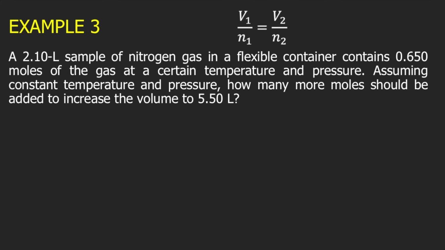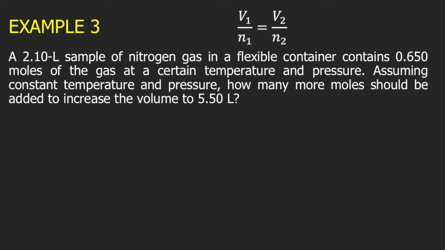So for our last example, a 2.10 liter sample of nitrogen gas in a flexible container contains 0.650 moles of the gas at a certain temperature and pressure. Assuming constant temperature and pressure, how many more moles should be added to increase the volume to 5.50 liters?